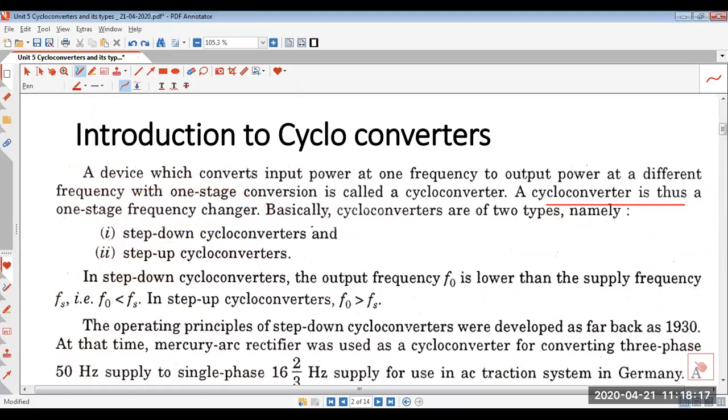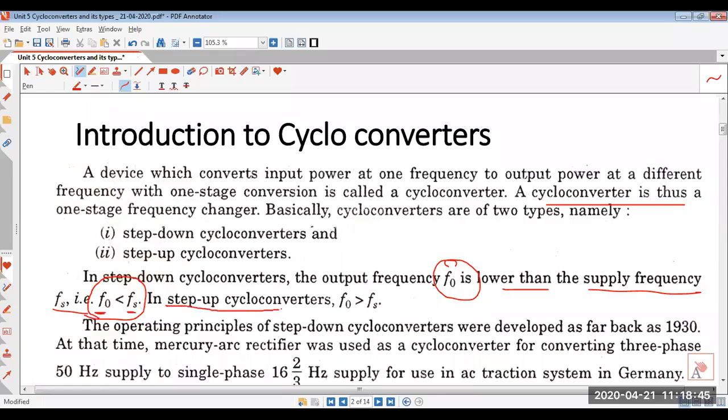In step down cycloconverters, the output frequency Fo is lower than the input frequency Fs, or supply frequency. This is just a notation. You can use Fs, S for supply, F for frequency. You can use Fi also, I for input, F for frequency.